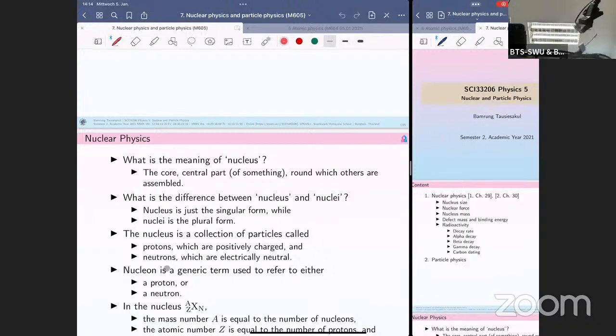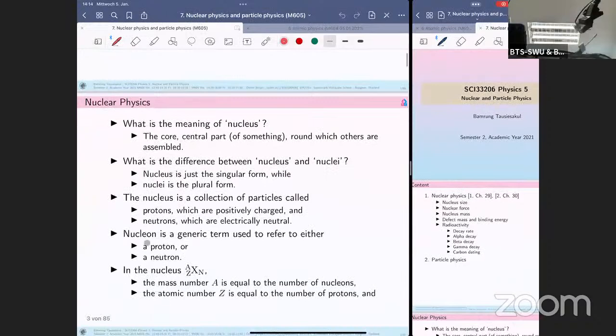That's why we call it neutron. Nucleon, what does that mean? Nucleon is a generic term used to refer to either a proton or a neutron. The meaning, whether it's proton or neutron, depends on the context around that sentence.